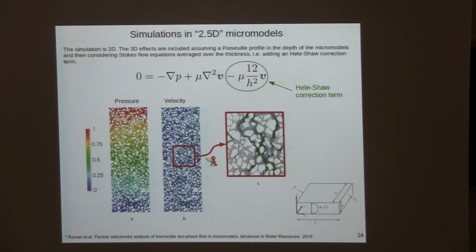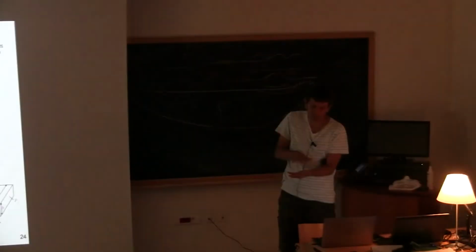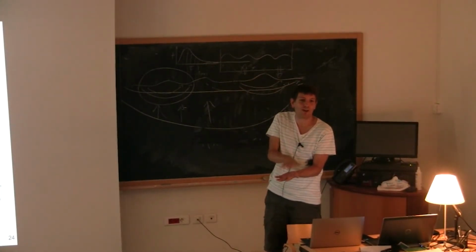If you want to simulate the flow in this 2D micromodel and you say, okay, I will just take the Navier-Stokes equation and solve it in 2D, what does it mean? It means that you consider an infinitely large thickness. And this is not what you have, because your fluid flow is confined between the two parallel plates.